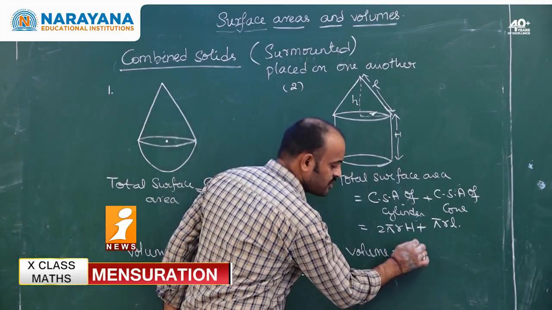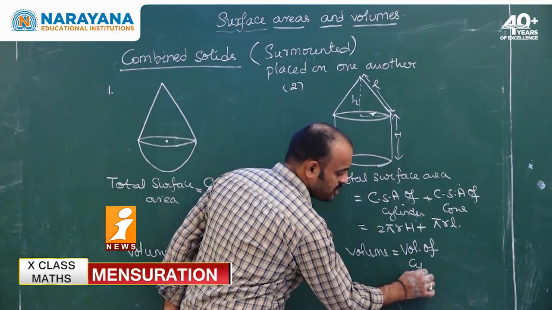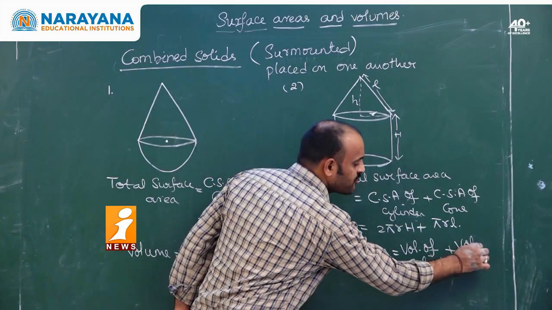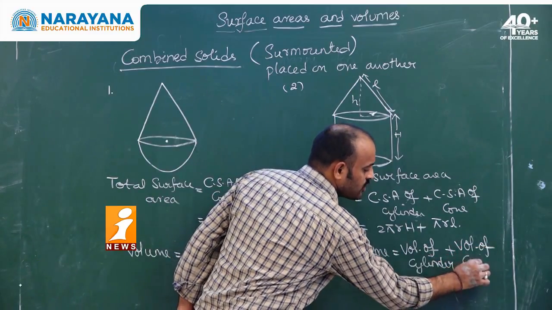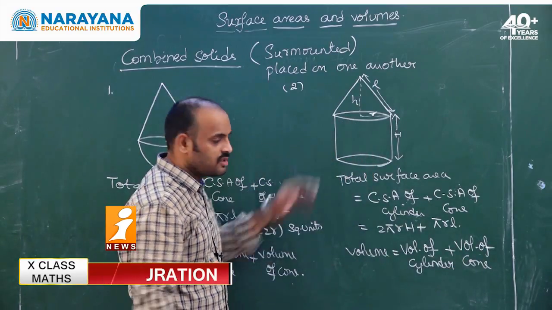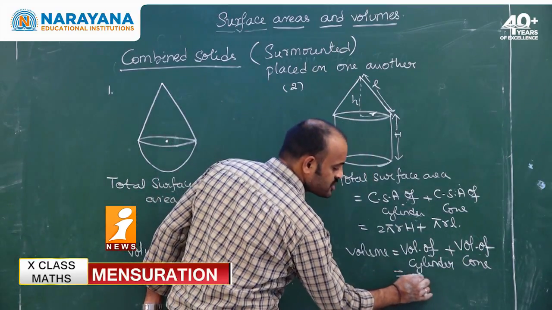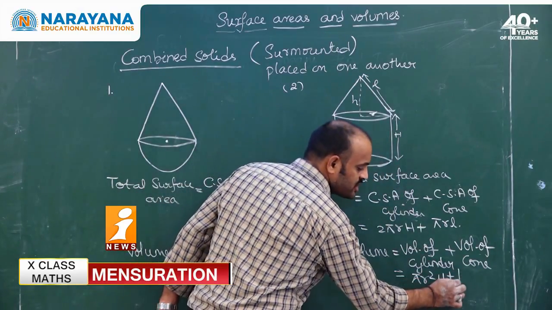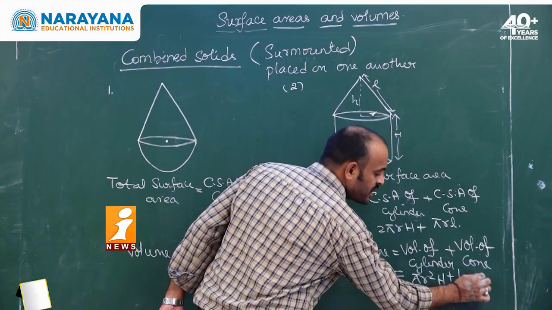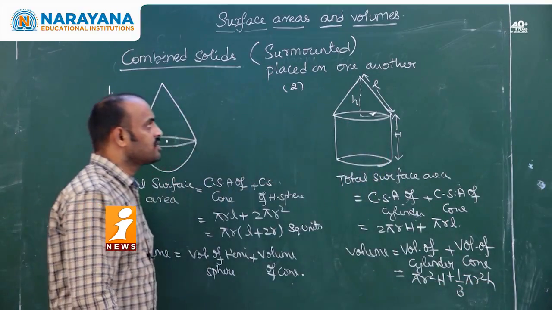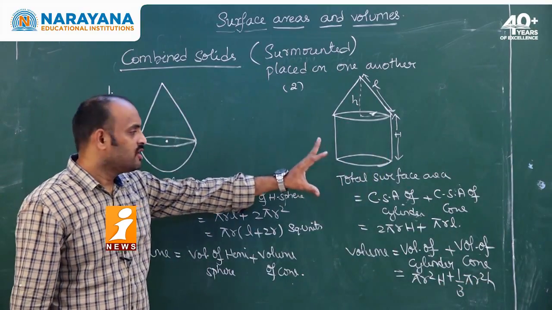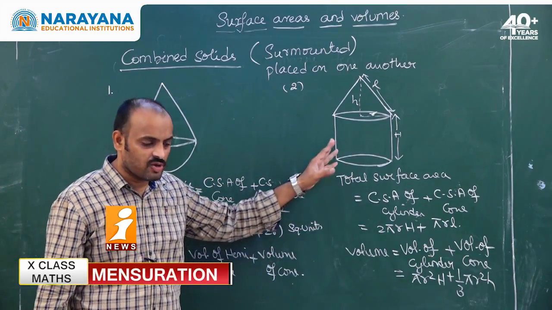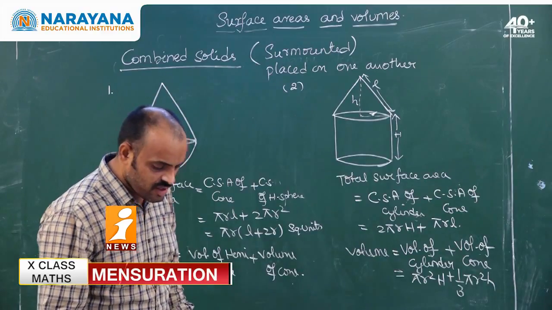What is the volume of the cylinder? Pi r square H. Here H is the capital H we have taken. Volume of cone is 1 by 3 pi r square h. This is how we find the surface area and volume. Surface area and total surface area are both the same.